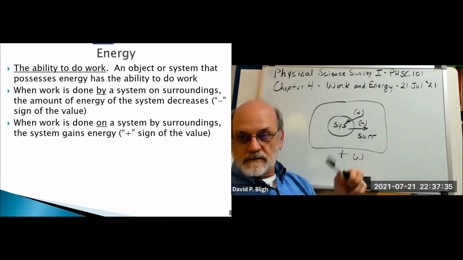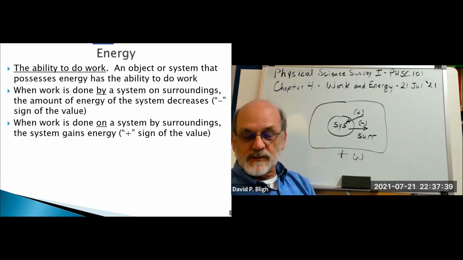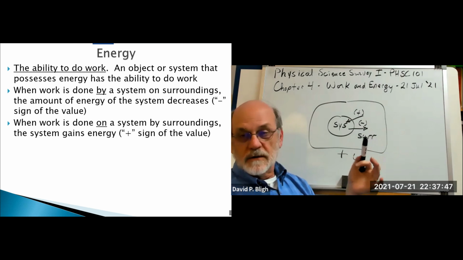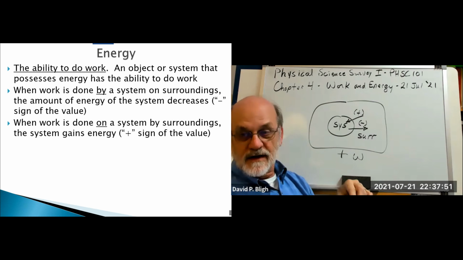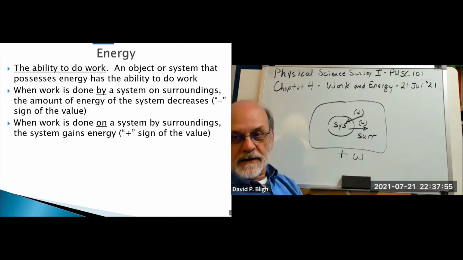If something is pushing against me, if I'm still in the surroundings and something is pushing against me, say the system is, well, I don't know, a hurricane force wind. And the wind is the system. And it pushes on me and moves me back. Then the wind is giving up some of its energy in the form of work.